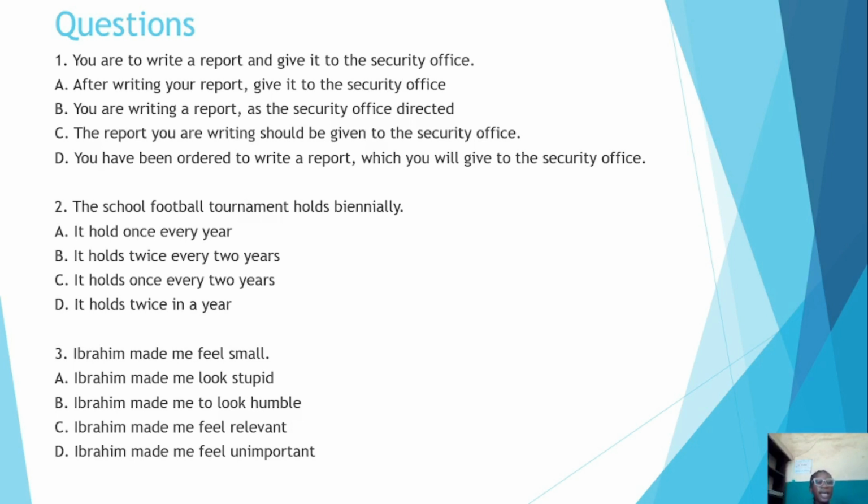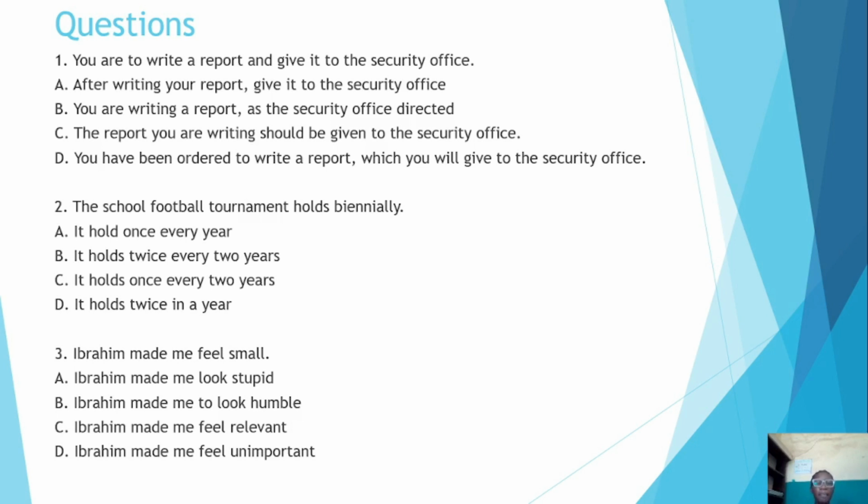Question 3. Ibrahim made me feel small. Remember when I said that many English expressions are not interpreted on the surface. They are not interpreted literally. So you can look at feel small and begin to imagine someone who was taller being made short. No. Ibrahim made me feel small. Now let's look at the options.